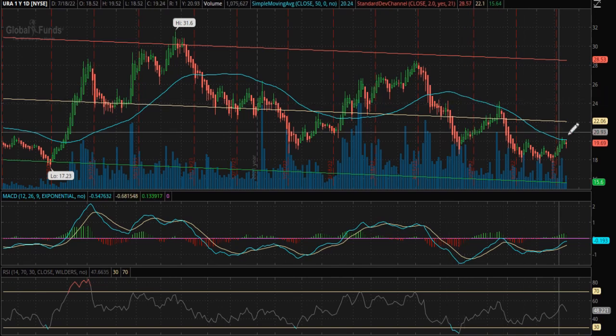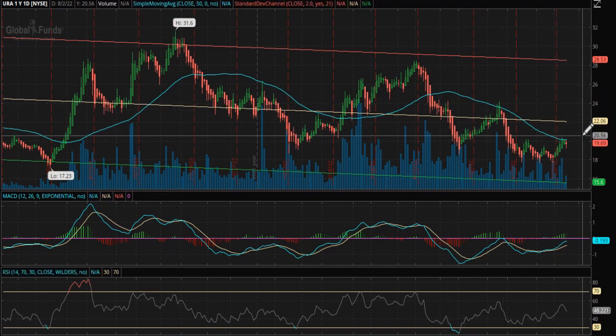Uranium coming back to test this 50 in a downtrend. I think people got ahead of themselves here because of what's happened with uranium in the past. There's, I think, probably somewhat of a recency bias, although it's not that recent, but people know what has happened in the past.